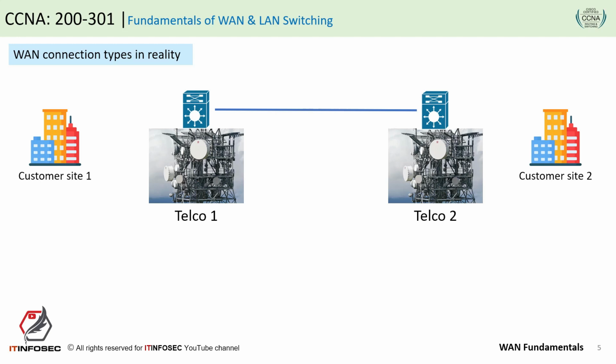Look at this one. This is another example for communication. In each building, we have a router, and each router is connected to its local telecommunication company, and based on the services offered, for example, Telco 1 offers some services for WAN connection between the router and its core switches.